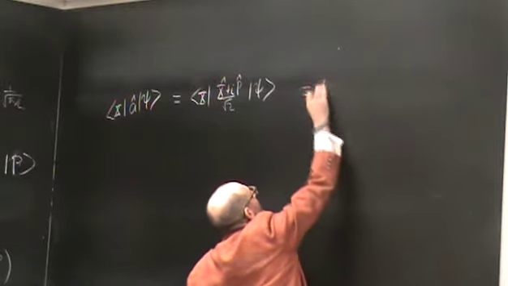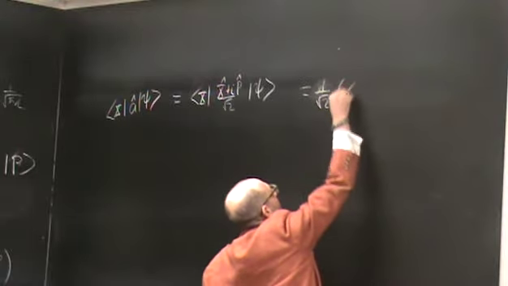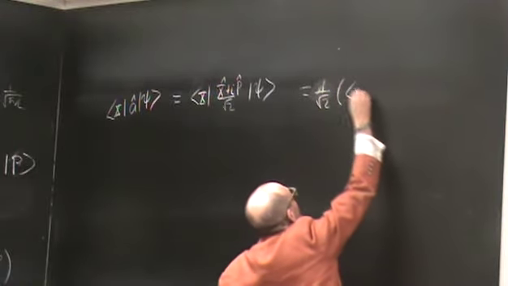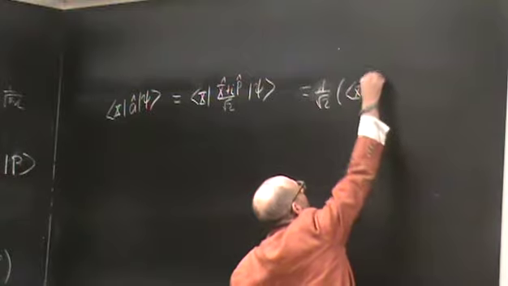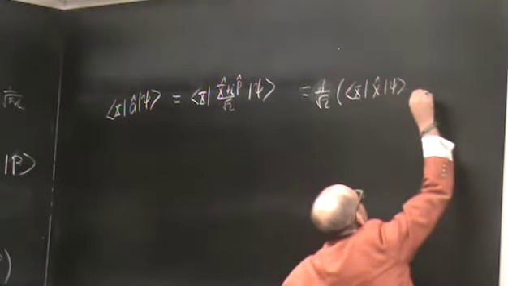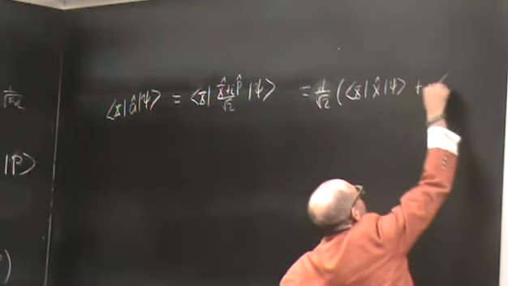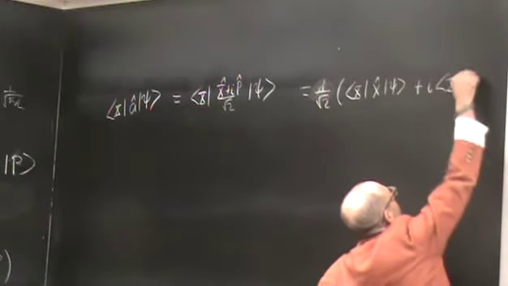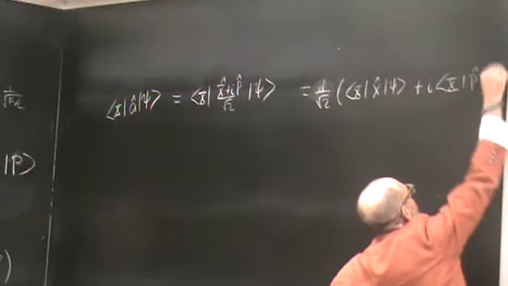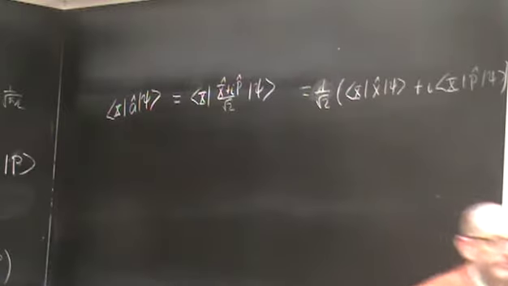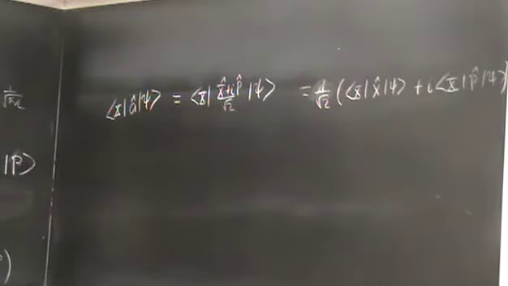I'll just write it all out: 1 over root 2 times x hat on psi plus i p on psi in the position representation. So far, so good.